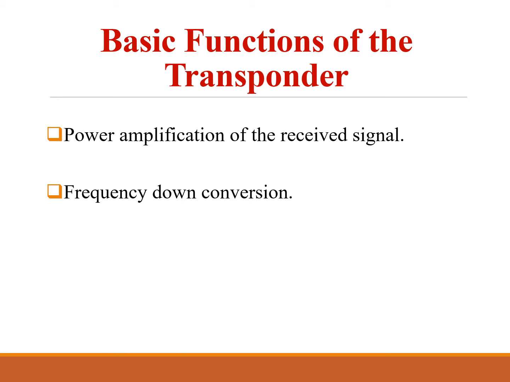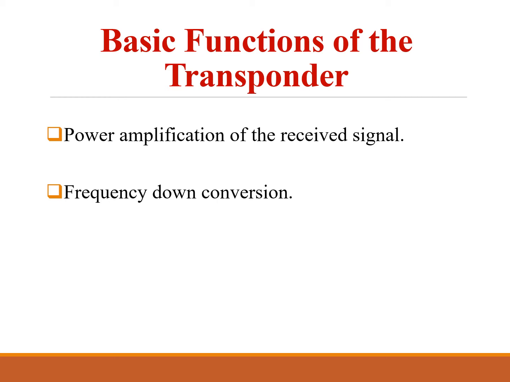The output of RF front-end receiver is given to the carrier processing block and this block performs demodulation of uplink carrier frequency. And this block is also used to provide remodulation of information on downlink frequencies. And we need to remember that same antenna has been used for transmission and reception of the signal.